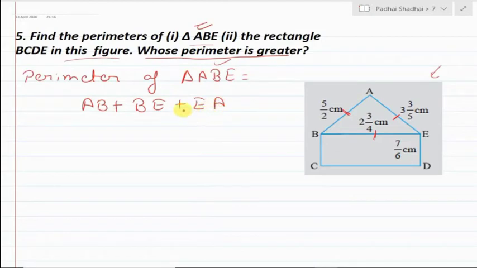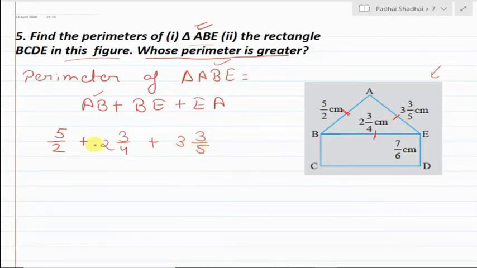Measurement of all of them, that is AB is 5 by 2 plus BE, that is 2 integer 3 by 4, plus EA, 3 integer 3 by 5.